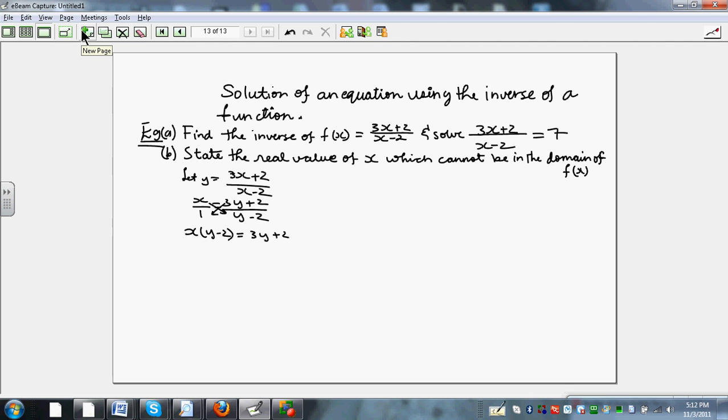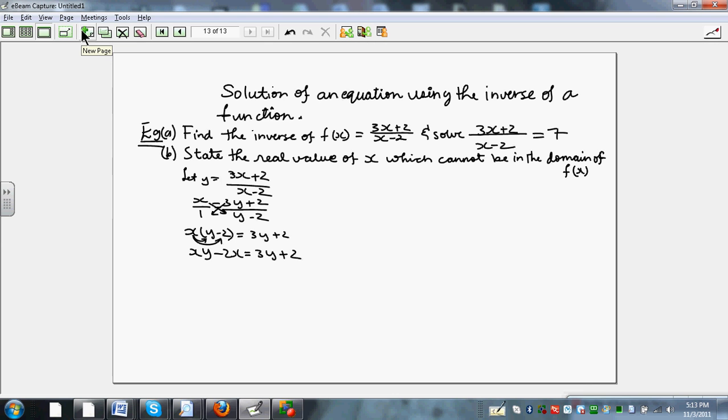X by y minus 2, and then 3y plus 2 by 1, and put them equal. The next step is to multiply inside, so we get x by y, xy. X by minus 2 is minus 2x, is equal to 3y plus 2.